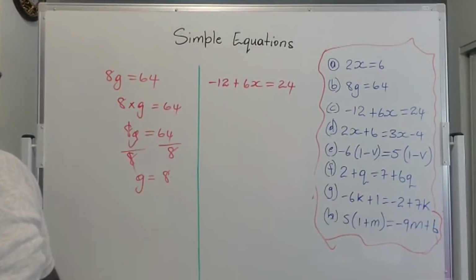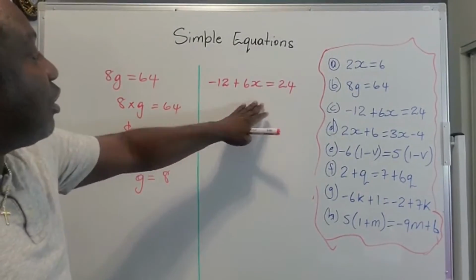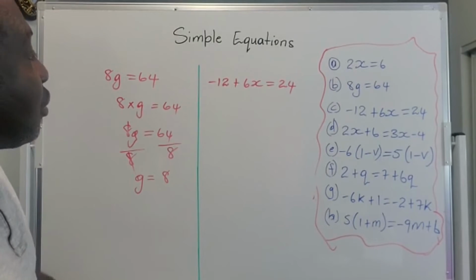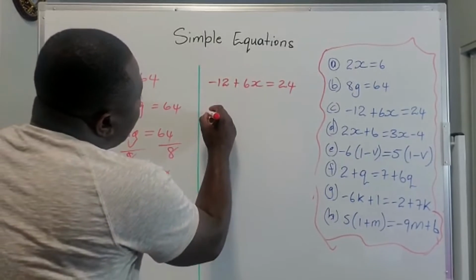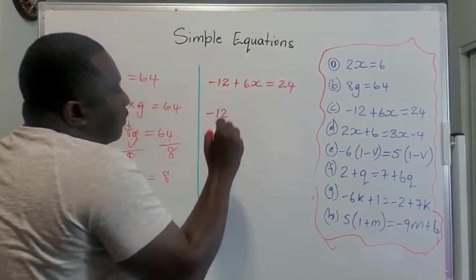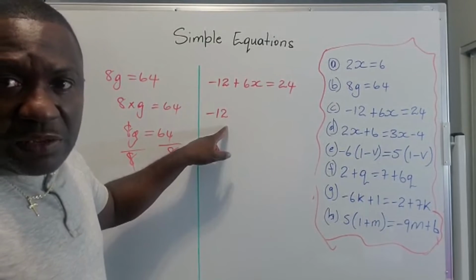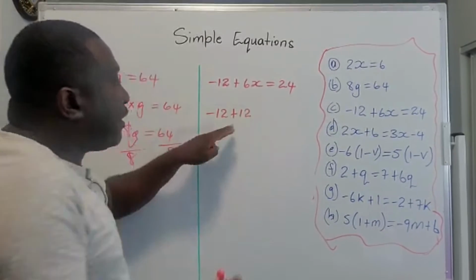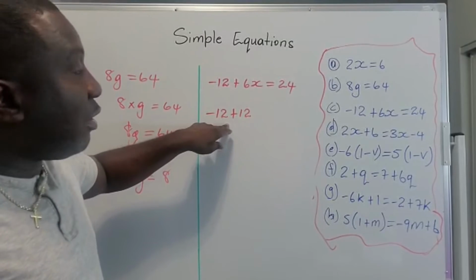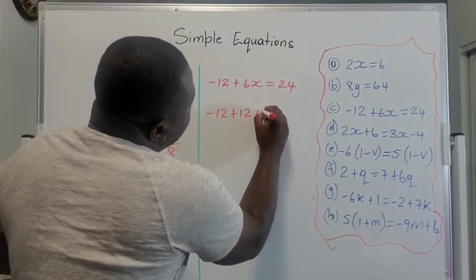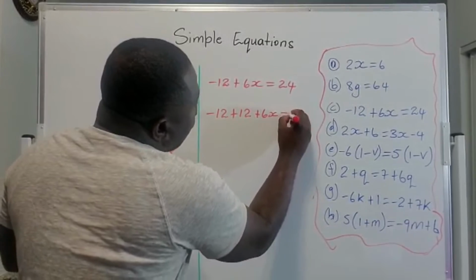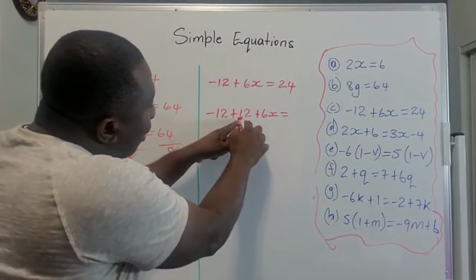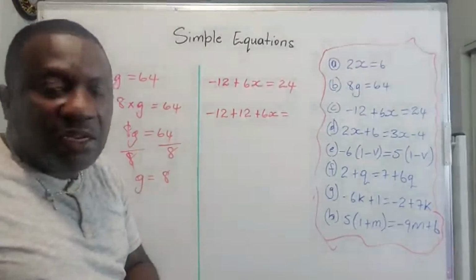But as I indicated, in an equation, whatever is done on one side must be done on the other side. So if I should write back this equation, negative 12, if I want to get rid of this negative 12, a positive 12 would really get rid of this 12. Give us 0. Plus 6x is equal, whatever is done on one side. So I've added a positive 12 on my left side.